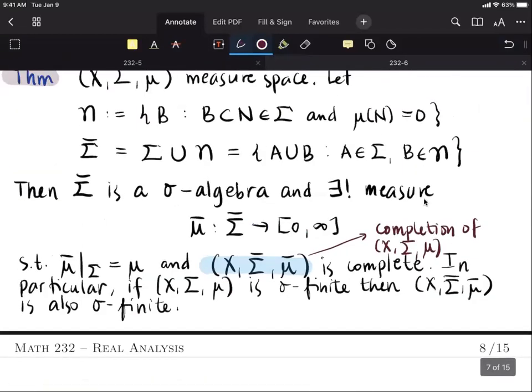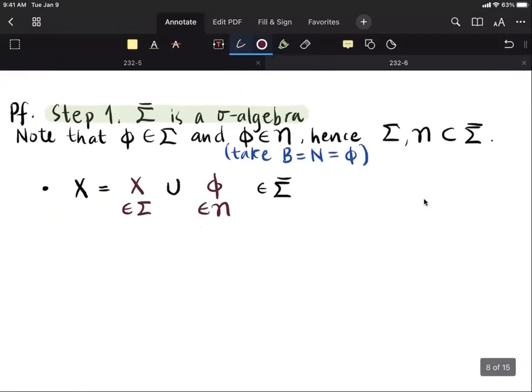Again, recall that in order for you to be an element of sigma bar, you must be a union of two sets, one in sigma and one in N. So that's what we have established here.